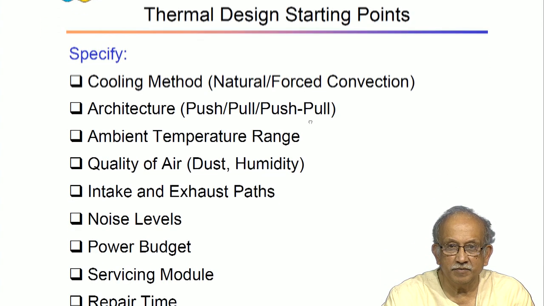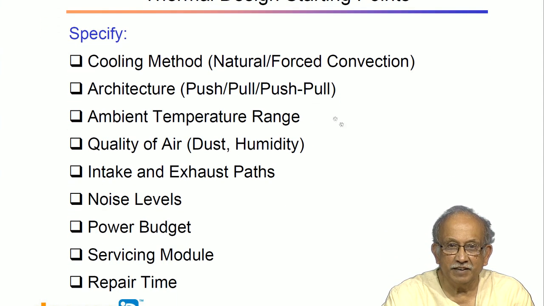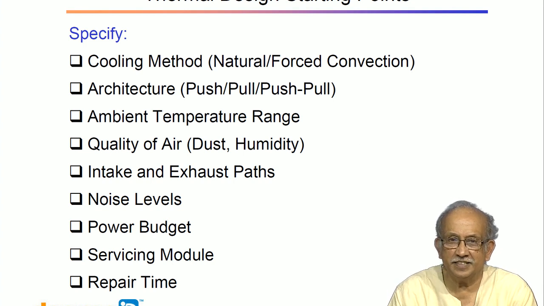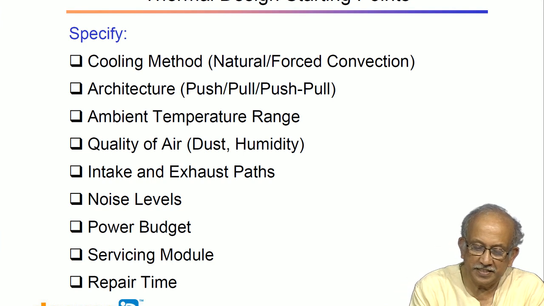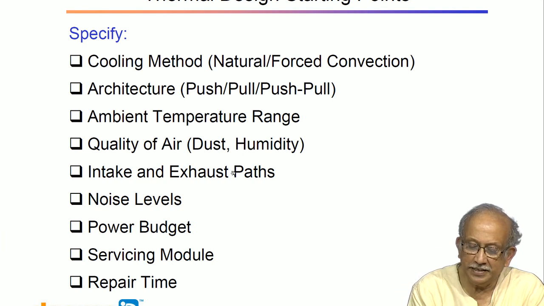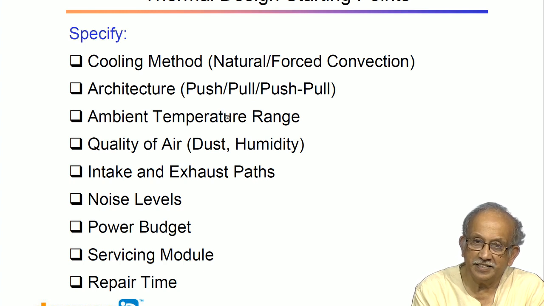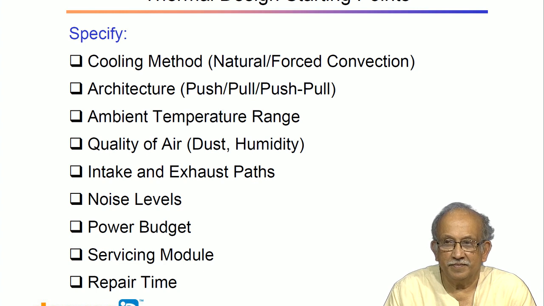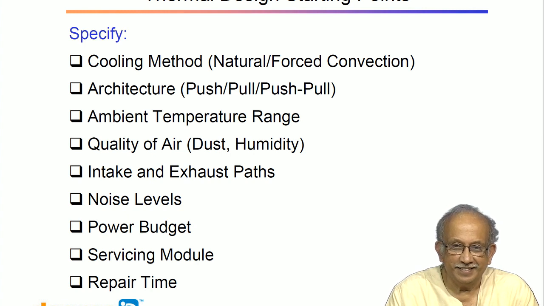So, we have all these things saying what is the natural or forced architecture. I will come back to it, saying intake and exhaust path, ambient temperature range. At least I had, because I come from a beautifully almost air conditioned environment.